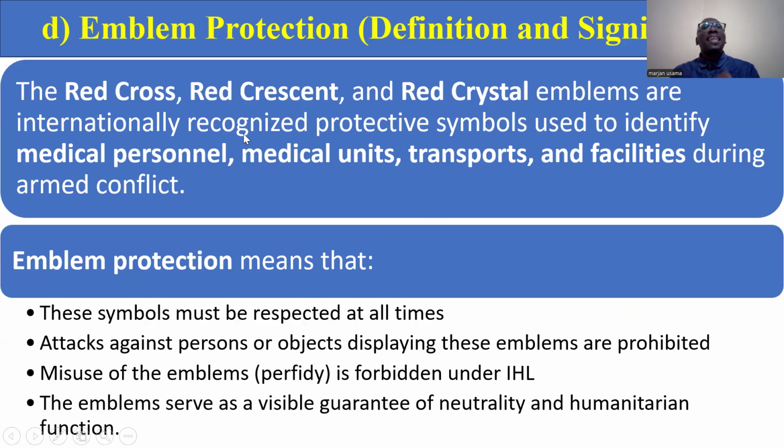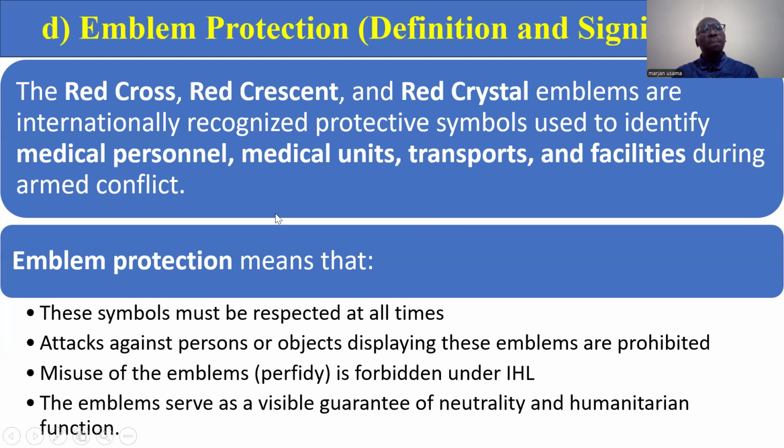The Red Cross, the Red Crescent, and the Red Crystal emblems are internationally recognized protective symbols used to identify medical personnel, medical units, transport, that is their ambulances, their cars, and facilities during armed conflict.